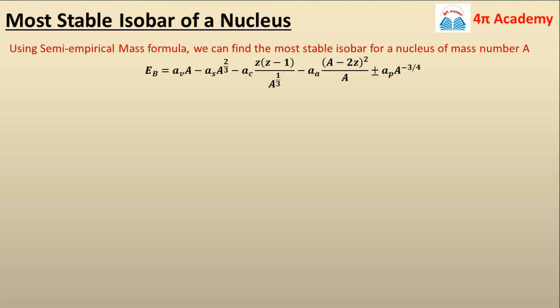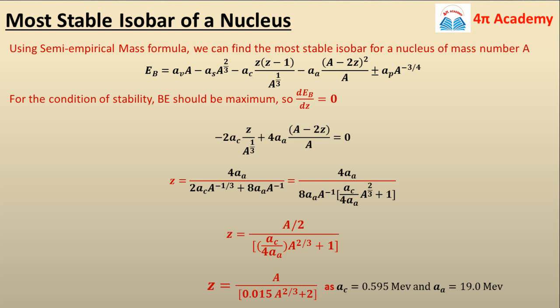If you want to calculate the most stable isobar, you just have to differentiate this E_B with respect to Z, that is the atomic number. If you put this differentiation dE_B/dZ equal to 0, you can find the value of Z that corresponds to the most stable isobar of this nucleus. So just differentiate this term with respect to Z and equate it to 0.